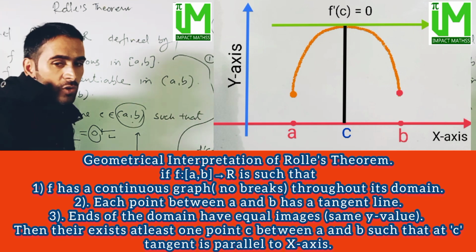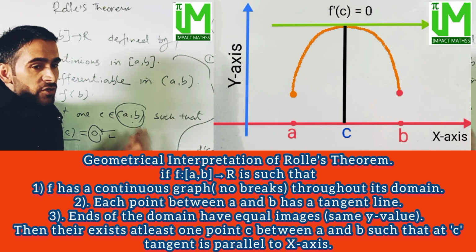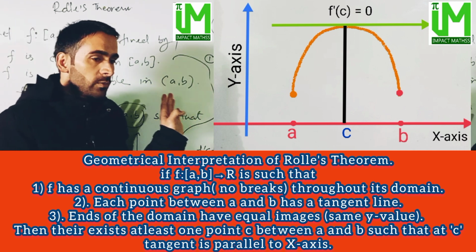So if we sum up all the things, the geometrical interpretation of the Rolle's theorem goes like this.